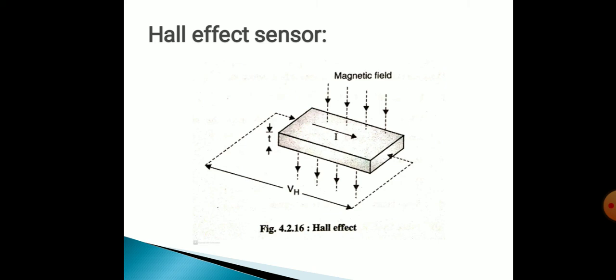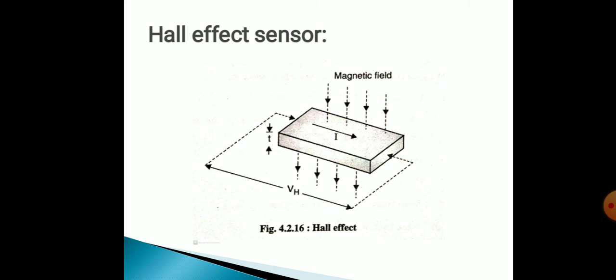A germanium semiconductor piece carries current I. It is placed perpendicular to the magnetic field. Due to the Hall effect, an EMF Vh is induced across the two opposite edges. These are integrated chip IC sensors made of semiconductors.